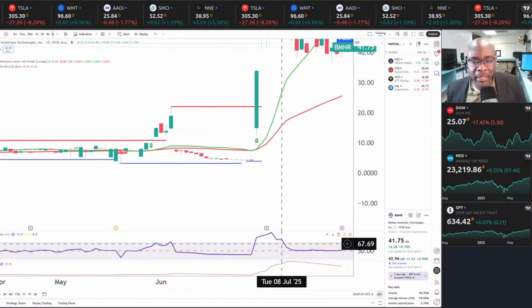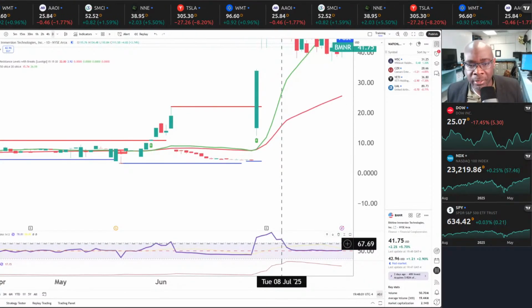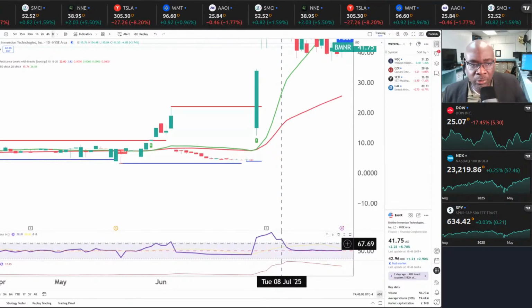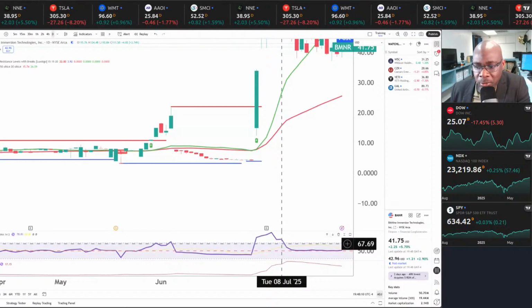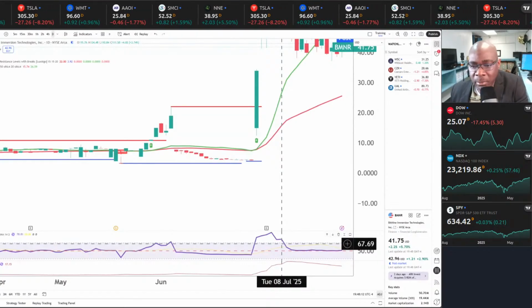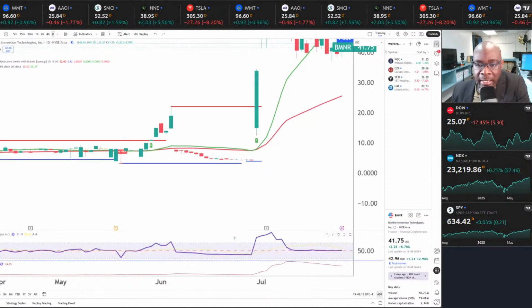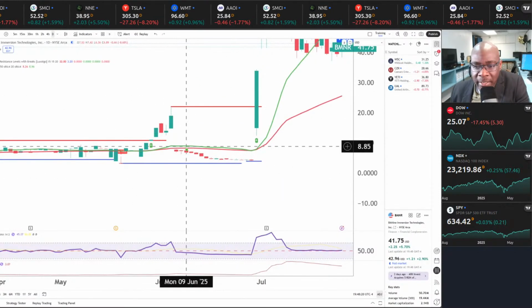So this is the thing about trading the stock market. There are indicators that help you understand exactly what's going on in the market. You don't need to listen to some influencer who's telling you you need to buy this signal and that, because they're just using the same information that's here.